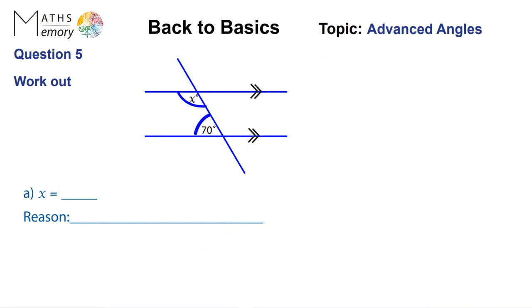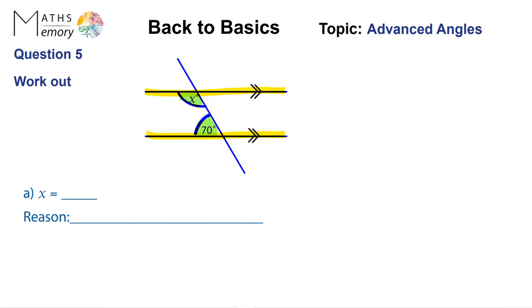Question 5, back to basics. Press pause, let's write this set of parallel lines down. Press play when you have finished. So parallel lines, our base is this time 70, bottom left, and what is this angle over here? Now this is the only type that is different. These two add up to 180. 70 plus x add up to 180.